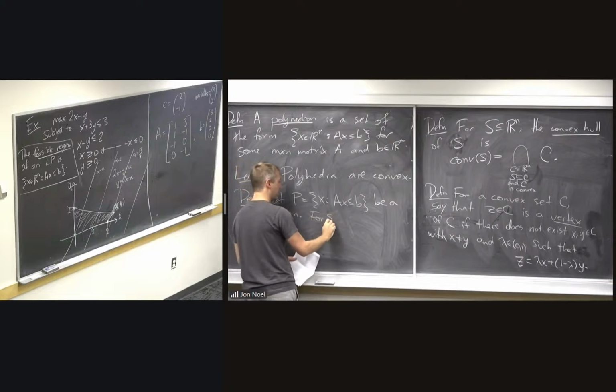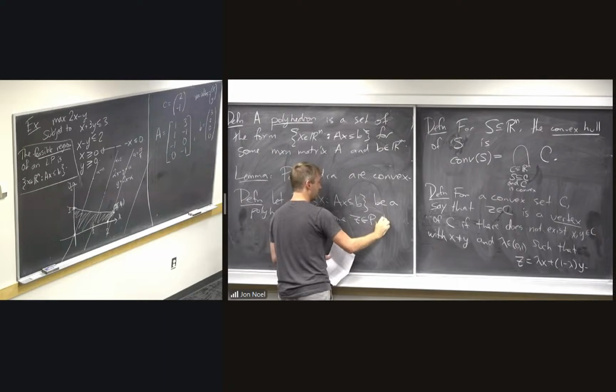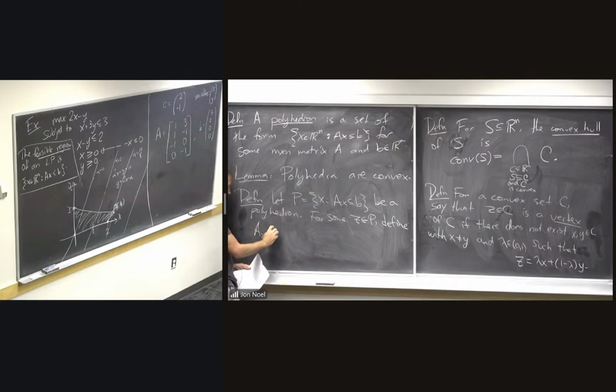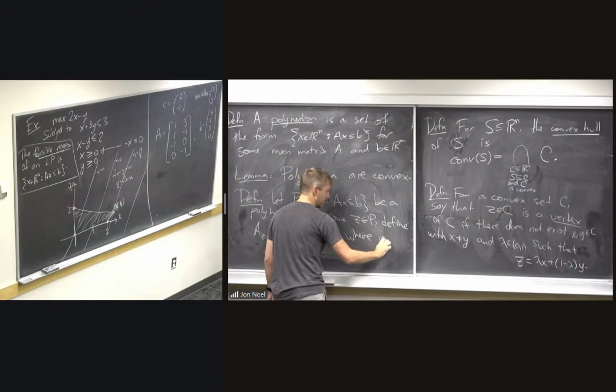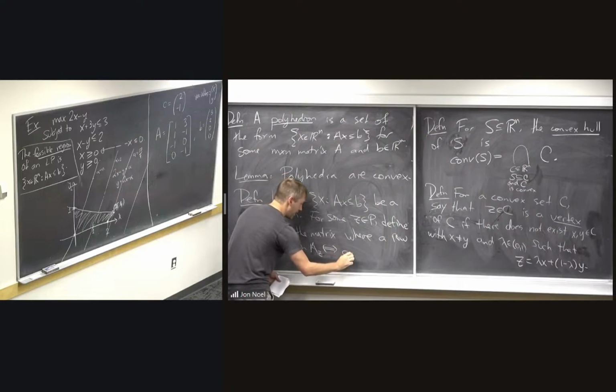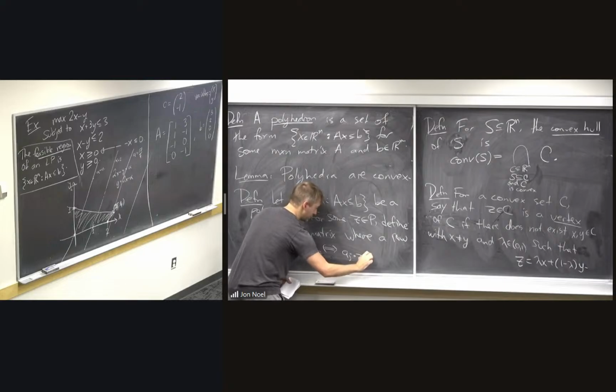For any point z in P, define A_z to be the matrix where a row A_j of A appears as a row of A_z if and only if A_j times z is equal to b_j.